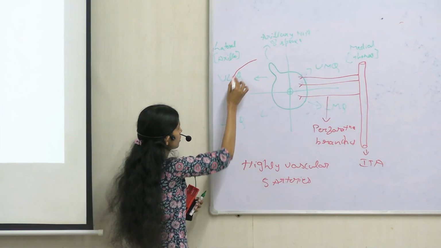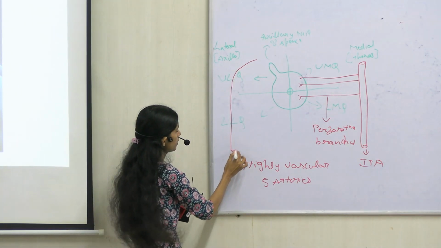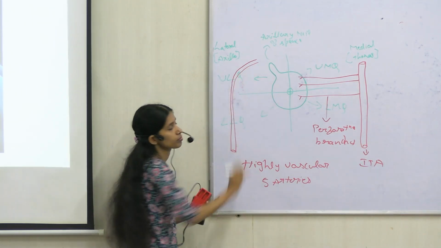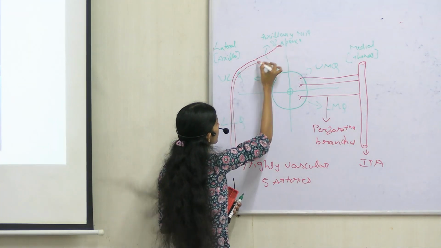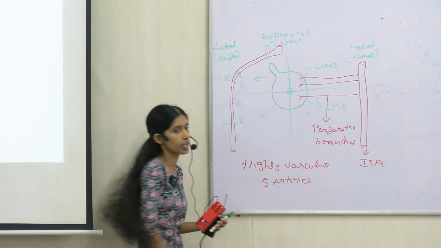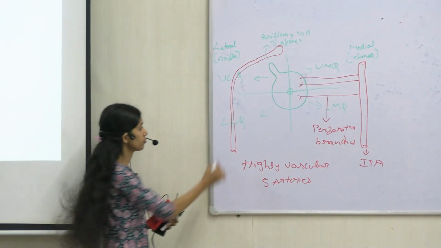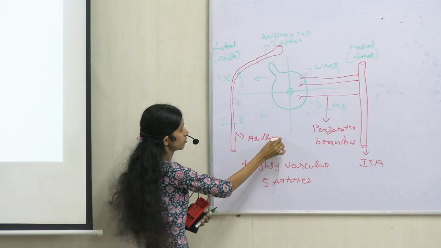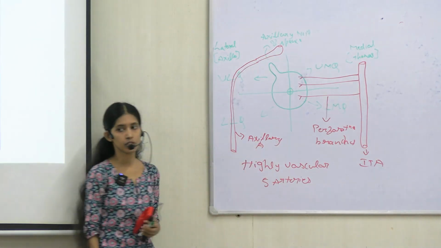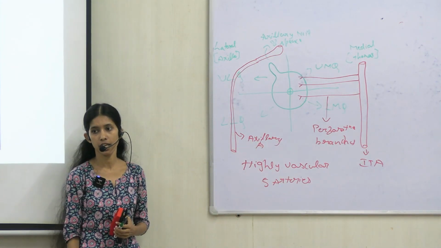So now imagine this is the axillary artery. Okay, so this axillary artery is a branch of which artery? This is your axillary artery, which is a branch of the subclavian artery.